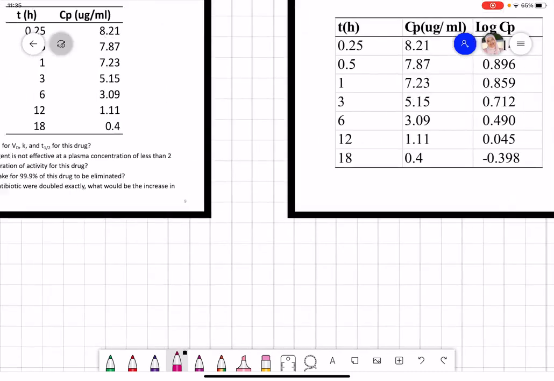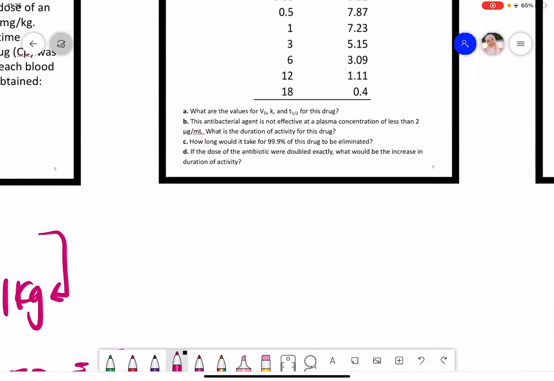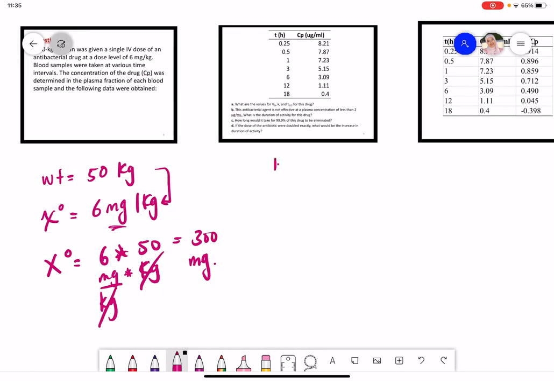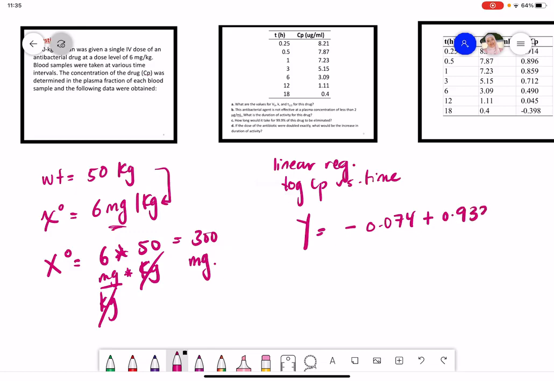So here we have the equation. I will write it here to start with whatever is needed, okay? The linear regression equation of log CB versus time is y equals minus 0.0074 x plus 0.9332.